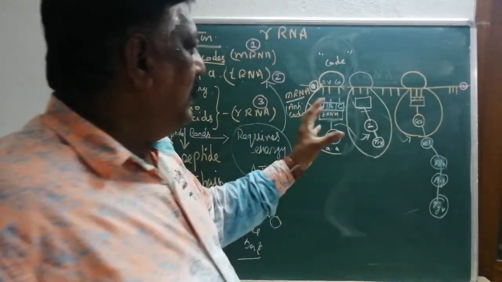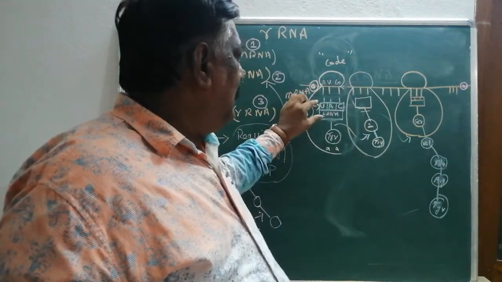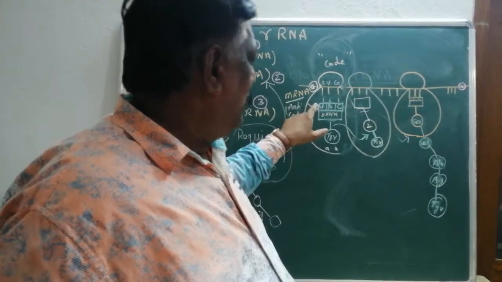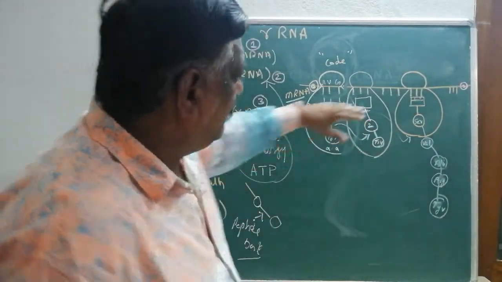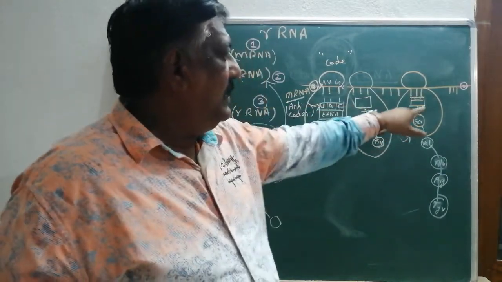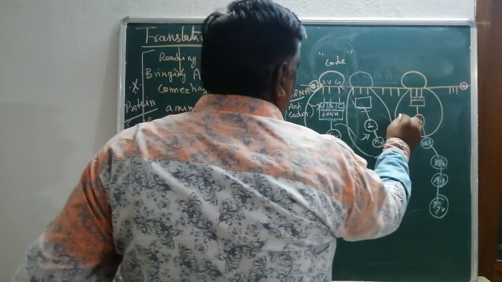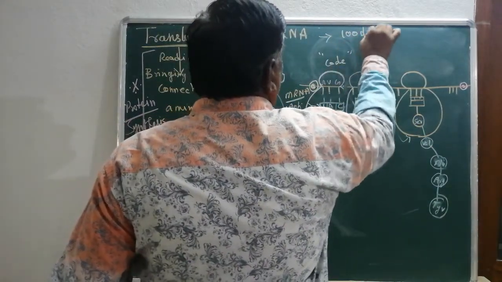This is how the ribosomes are moving and reading the codes, and the instruction is taken by the tRNA, by the anticodon. It brings a specific amino acid and the peptide bond is formed, and for this a lot of enzymes are required. As I said, this rRNA contains more than 100 different enzymes.